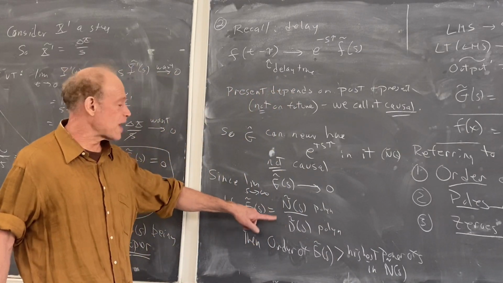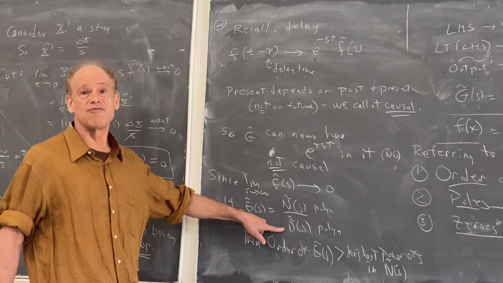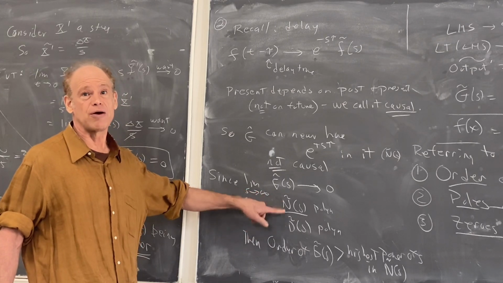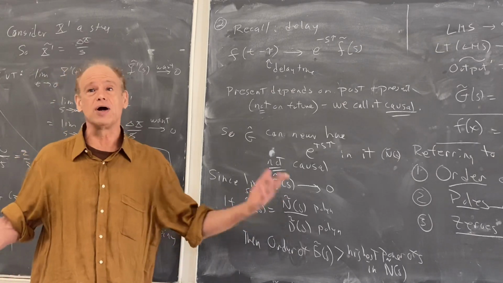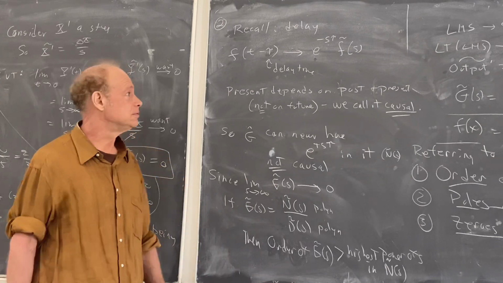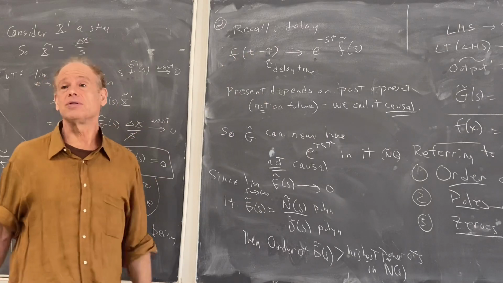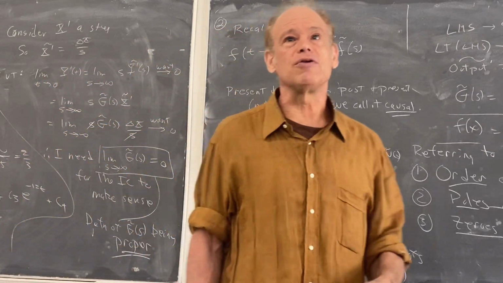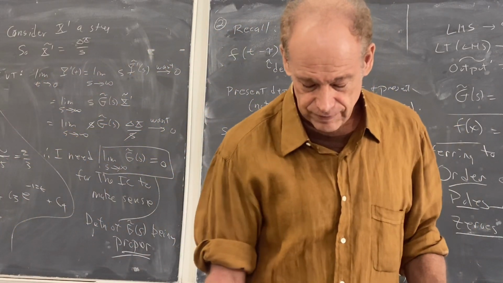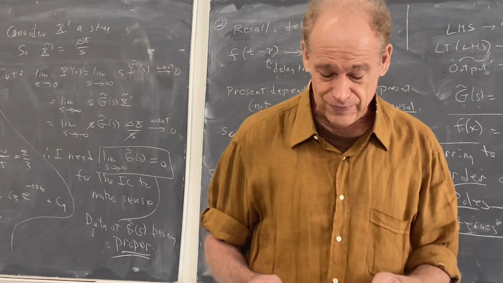Also, if I just have polynomials, the denominator has to have a higher order than the numerator. Otherwise, it's not causal. I'm not going to have this. So these are sort of gut check things for G tilde. Are there any questions on it?